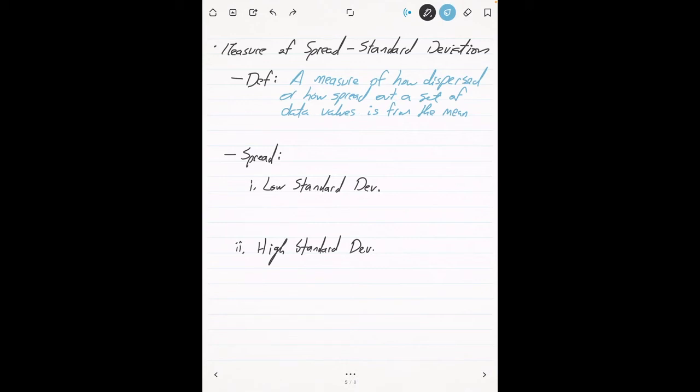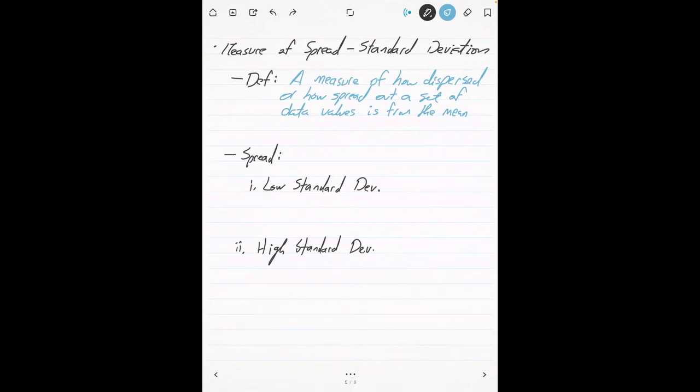Once you know what the mean of the data set is, what that average value is, the standard deviation really measures how far spread out most of the data is. Is it very tightly packed together around the mean, so they're all very close in value? Or is the data set really dispersed and spread out across different values?